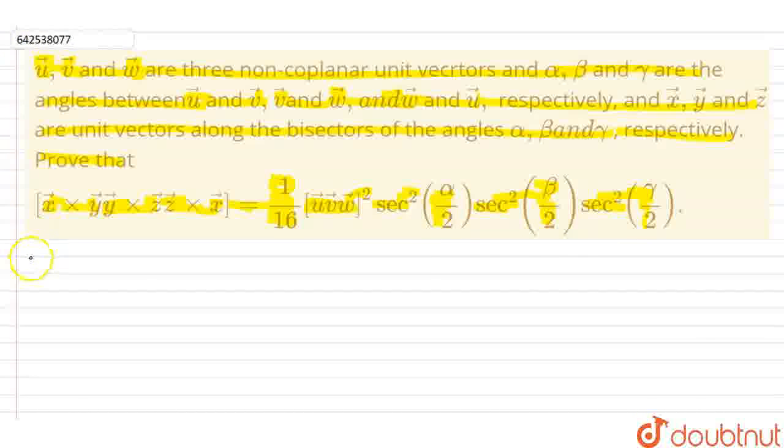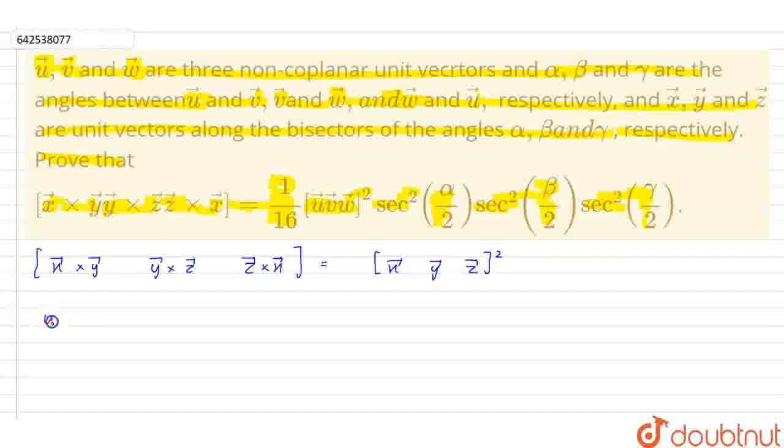So we know that the scalar triple product of x cross y, y cross z and z cross x is equal to the scalar triple product of x, y, z whole square. Here we have three vectors u, v, w.